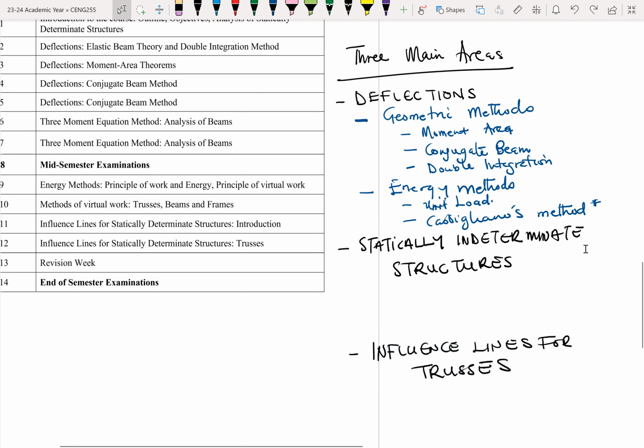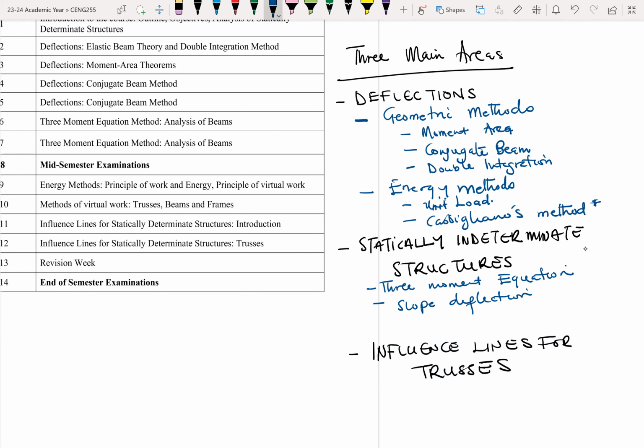Okay, so we'll look at the three moments equation method. There are quite a number of them. There's the slope deflection method. There's a moment distribution method.